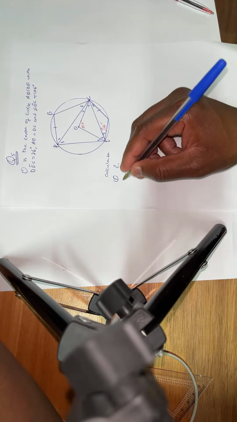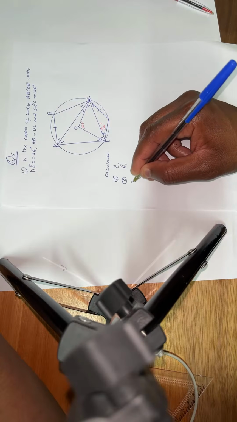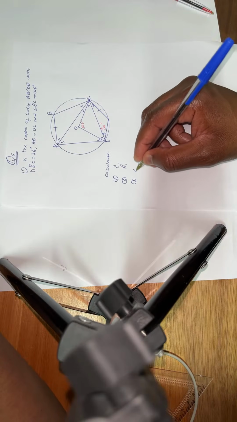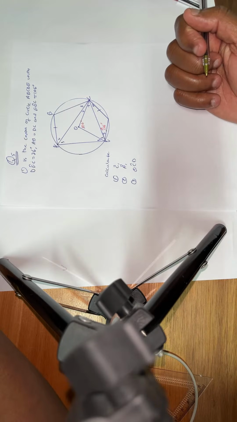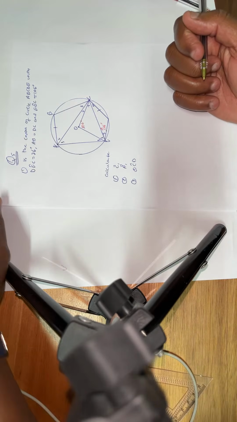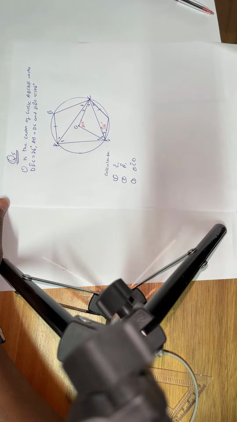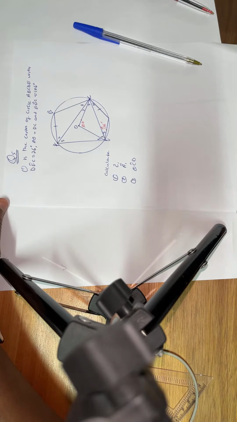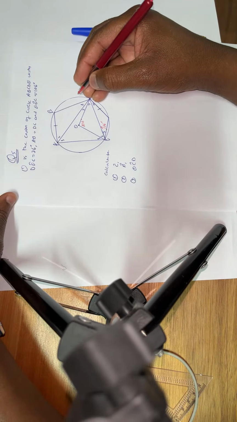Number two, it's angle A1. Number 3, it's angle OCD, right? So now let's check. If I told you O is the center, what determines C1? We need to determine this angle, our C1.